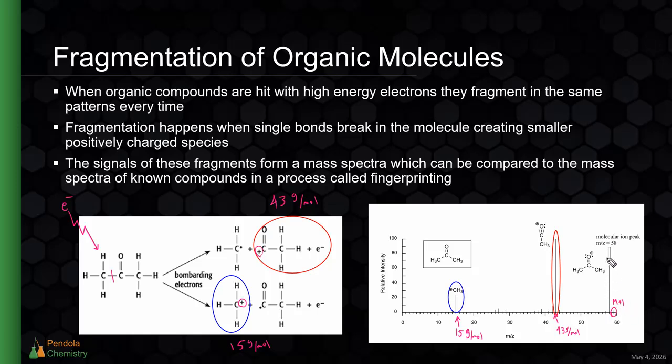The biggest, most prominent fragment to the right is the M+ peak, the one that belongs to the full molecule with a +1 charge when 1 electron is knocked off. The propanone that we're working with here has a molar mass of 58 grams per mole, and so its M+ peak will appear at a mass to charge ratio, an m/z, of 58.